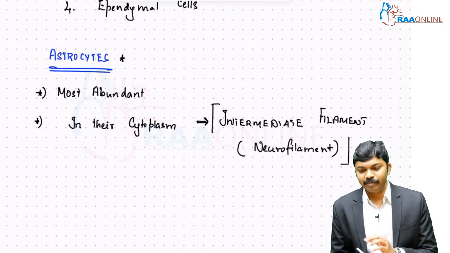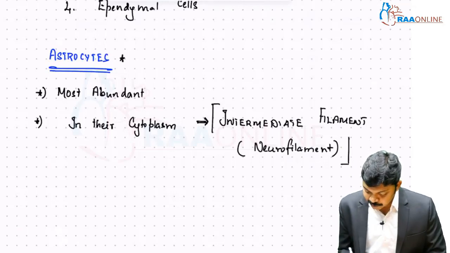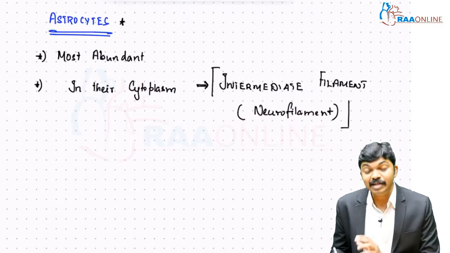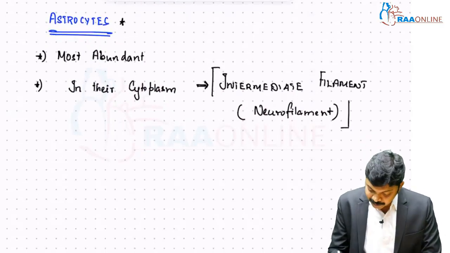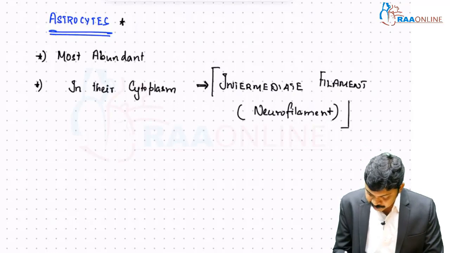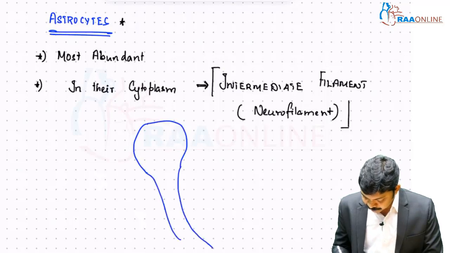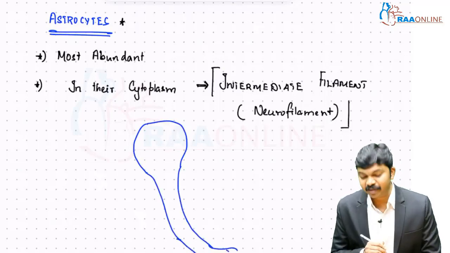What does this neurofilament do? This neurofilament is going to be in a huge quantity. It's going to be very abundant in the cytoplasm. As a consequence, you take up this astrocyte, doctors. These astrocytes have got axon-like projections as well. They also have branchings and everything.